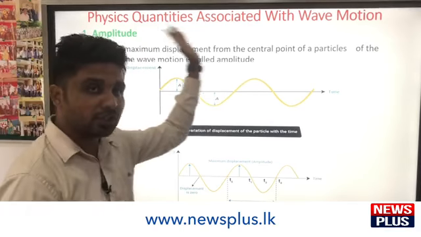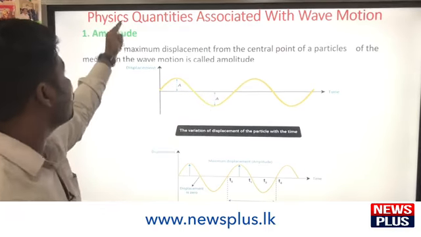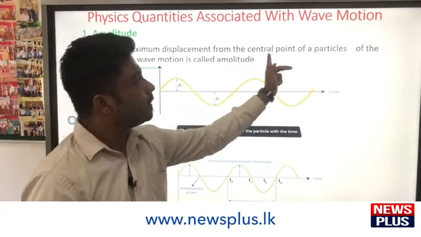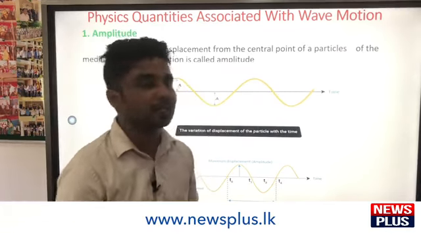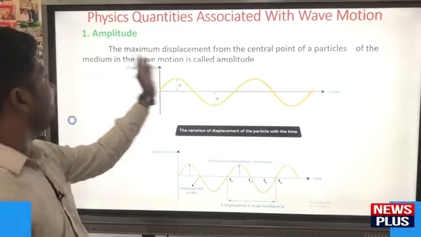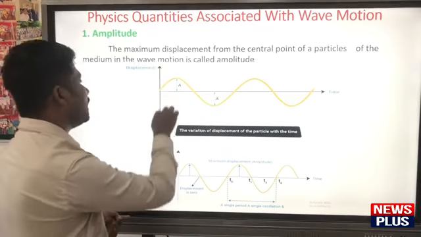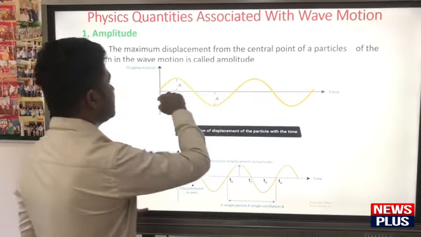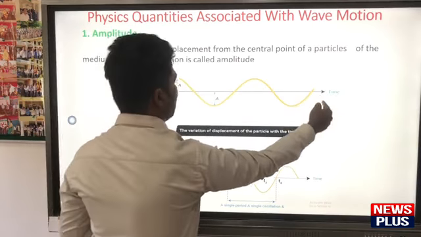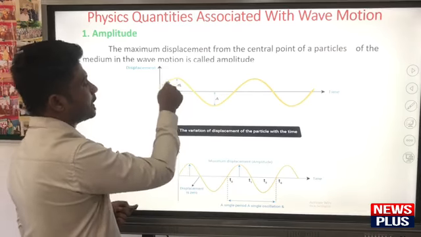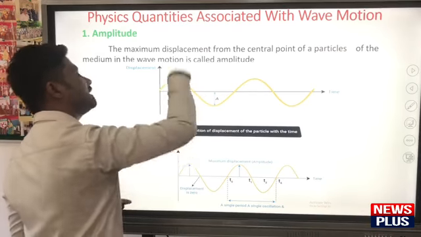The definition of amplitude: the maximum displacement from the central point of a particle of the medium in the wave motion is called amplitude. See, there is a wave I have taken. This wave is moving this way, and when it moves, there are many particles that can move upwards and downwards.